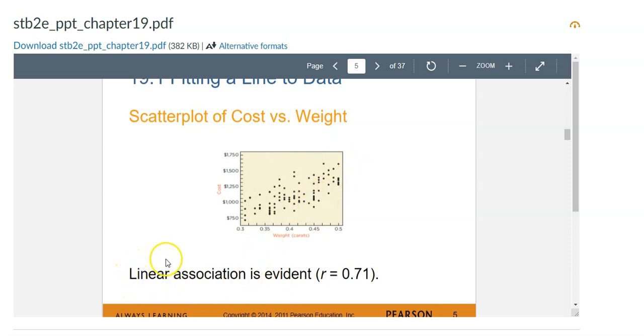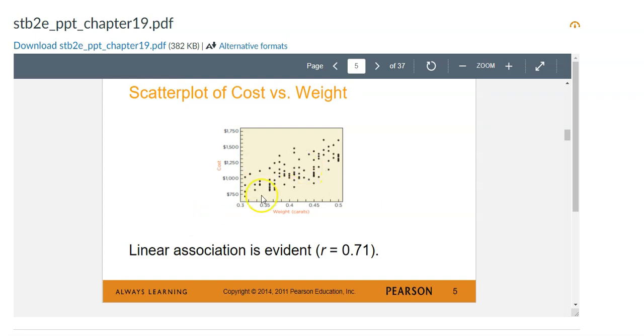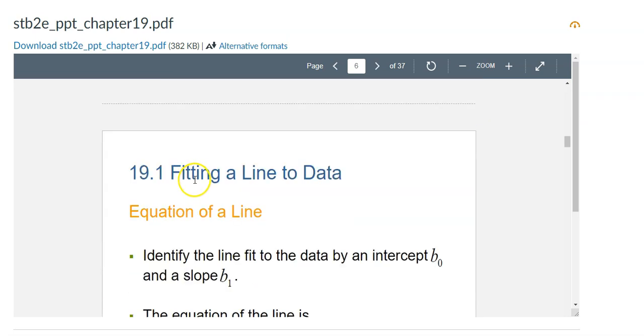We calculate the correlation r, and correlation r is 0.71. 0.71 is between 0.6 and 0.8, so you can consider this a strong relation. The p-value is below 0.05. As a result, we can say that this is a significant correlation, right? And we can say this is a linear association.